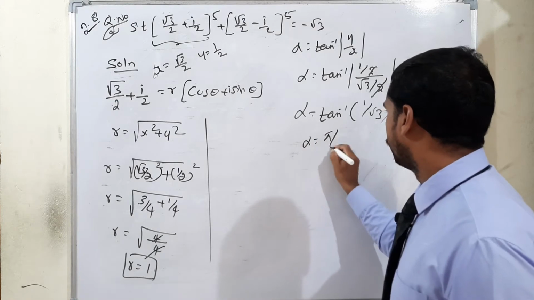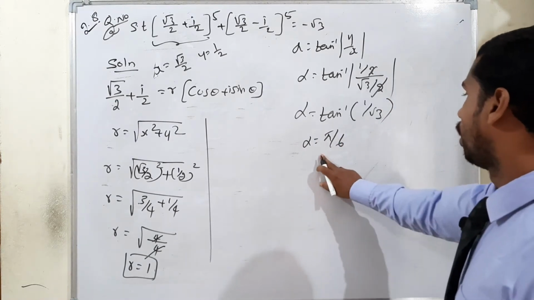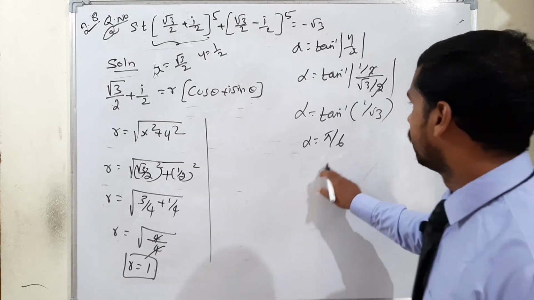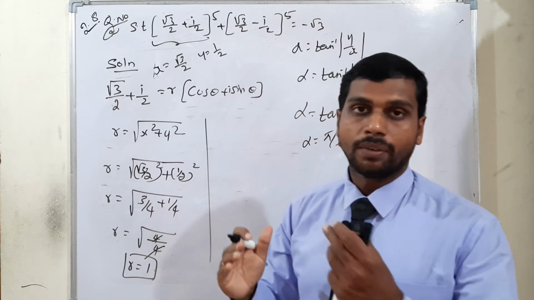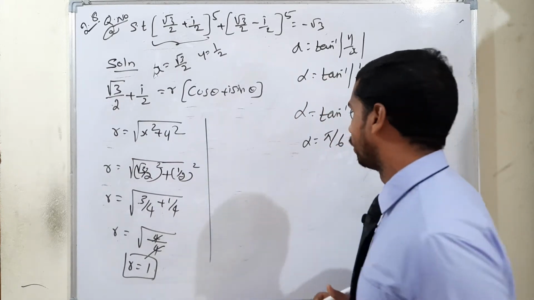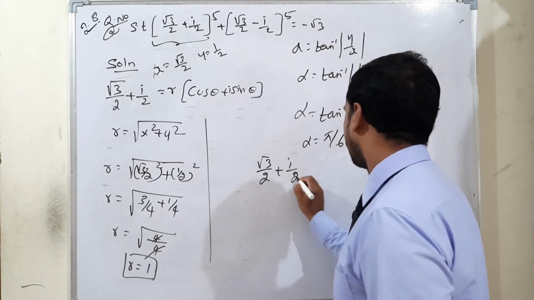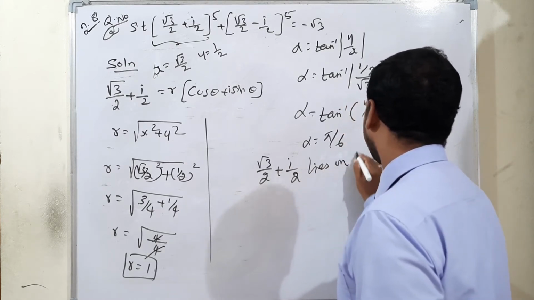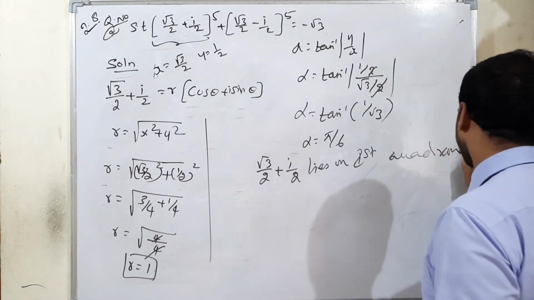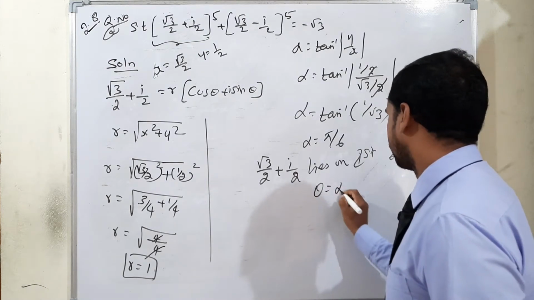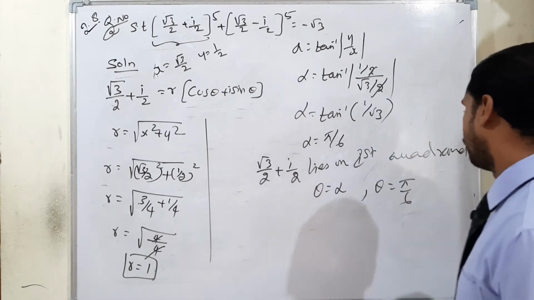Therefore, the alpha value is pi by 6, because tan 30 is pi by 6. Now we already know x is positive and y is also positive, so both terms are positive, which means it lies in the first quadrant. So root 3 by 2 plus i by 2 lies in the first quadrant. In the first quadrant, theta is equal to alpha, so theta is equal to pi by 6.